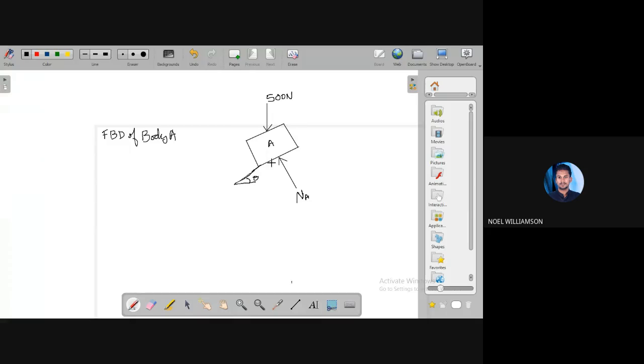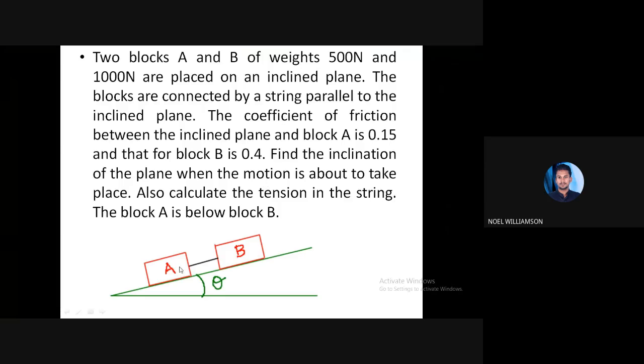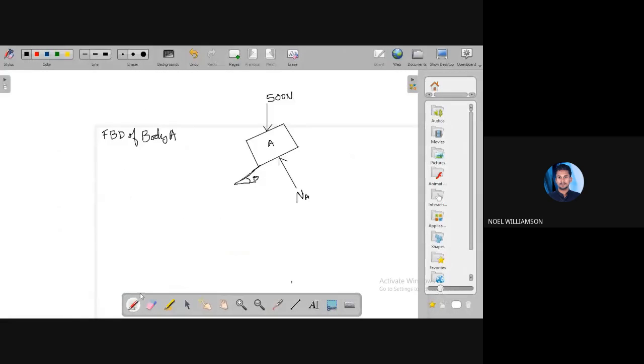Now, regarding the movement, here the body A is moving towards this particular direction, that is towards down. So the friction will be acting in the opposite direction. So the friction is in this particular direction, and the value will be equal to mu into the normal reaction.